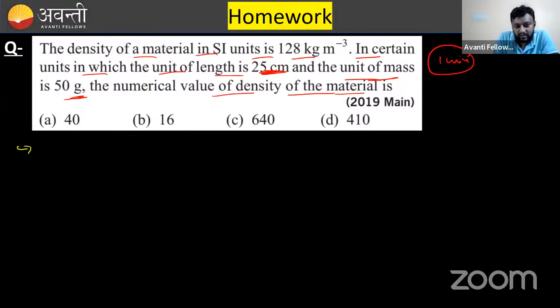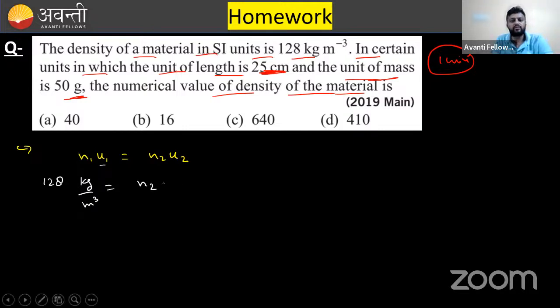So the first thing you should follow is they are asking the density, so N1 U1 equals N2 U2. That's what we need to apply. N1 is what? 128. Unit of SI system is kg per meter cube. That's simple. Now, N2 we need to calculate. U2 is what? They are saying in certain units, the unit of length is 25 centimeter and the unit of mass is 50 gram.